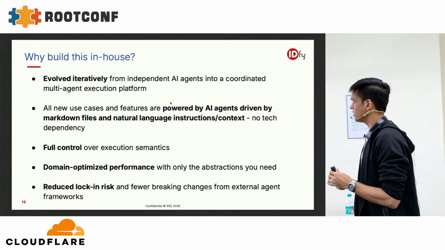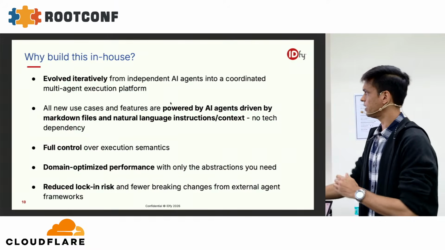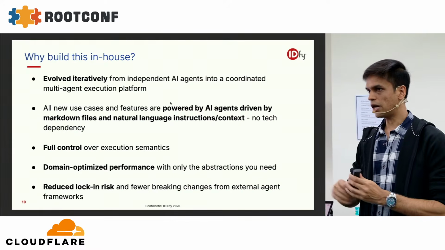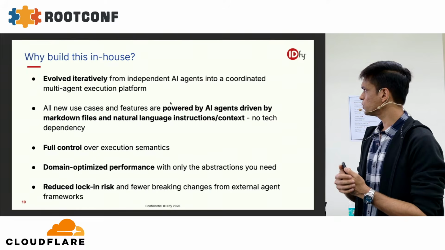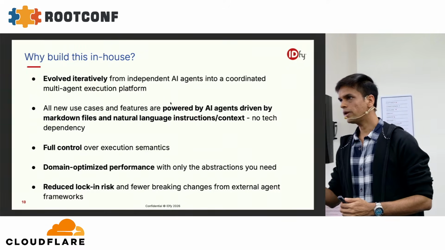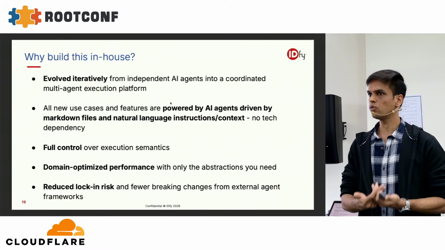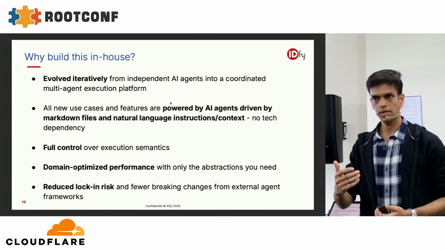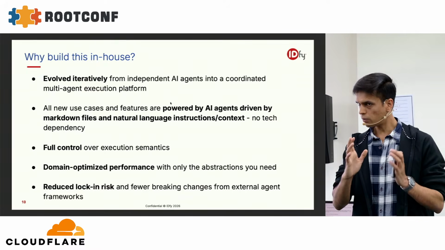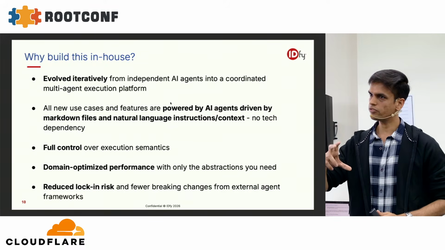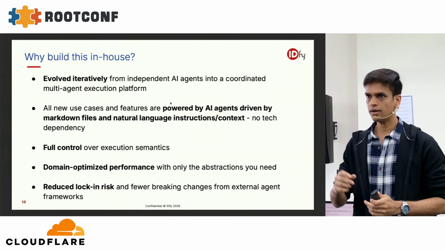The second aspect is that all of the agent definitions that we have are currently defined by markdown files. For a new use case, we don't need any tech dependency for an agent to work. Someone from a product team, let's say a product manager who has domain knowledge and wants to create a new use case, will simply create a markdown file in the template that we have defined.